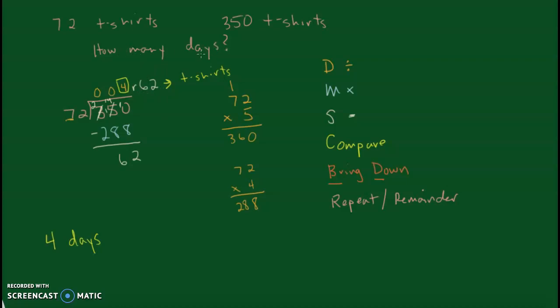So how many days does it take? It's going to take 5 days. And because of that, with our remainder, we're going to round up our answer to 5 days.